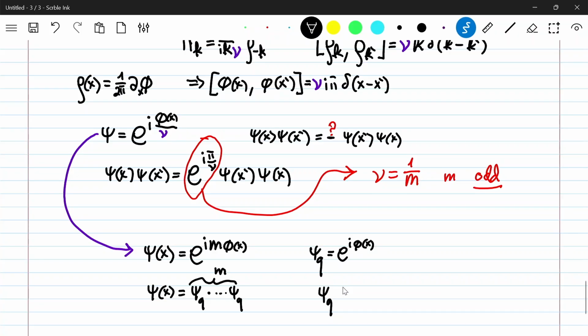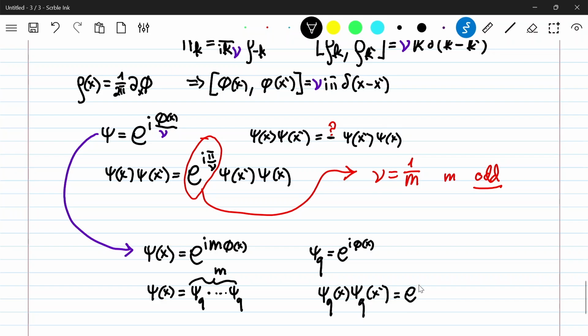And these quasi-particles are not fermions. They have fractional statistics, and how do you see it? Just like what we saw before, if you take psi q of x and psi q of x prime, and you interchange them, you don't get a minus sign.